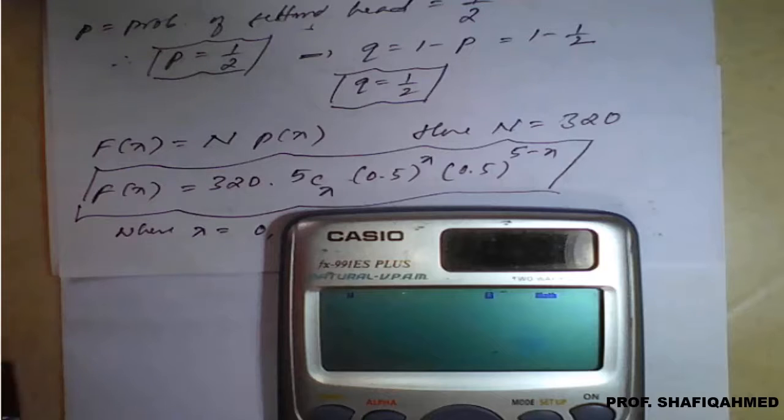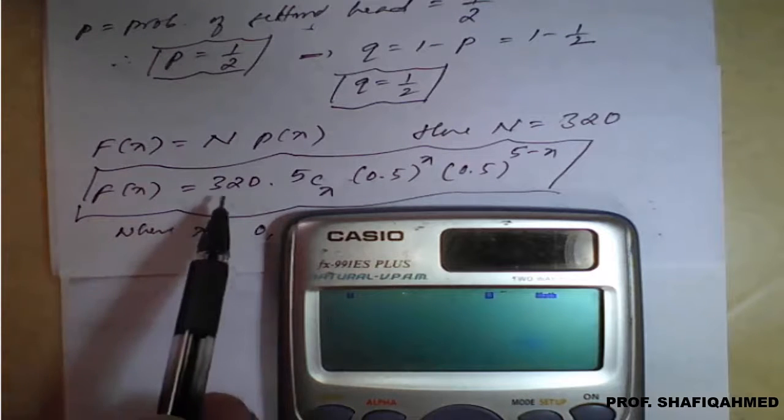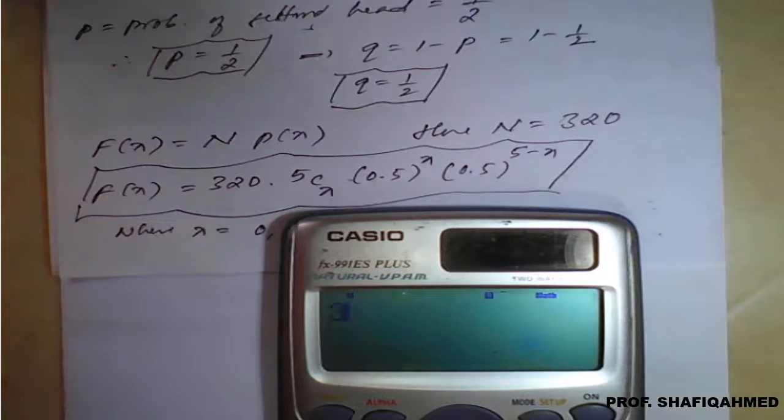Now I want to fix this formula in the calculator, so it will be easy for our calculation. So I will fix this formula, that is 320 into bracket of 5Cx: press shift divide, you will get nCr, 5Cx, where x you enter using alpha x.